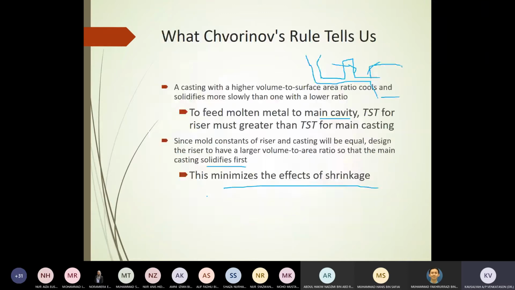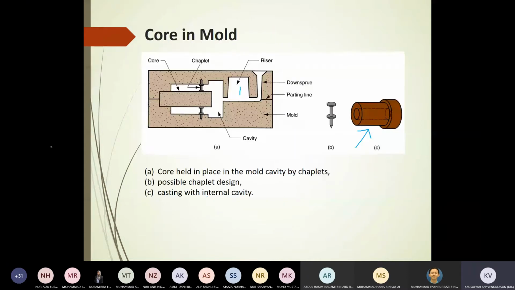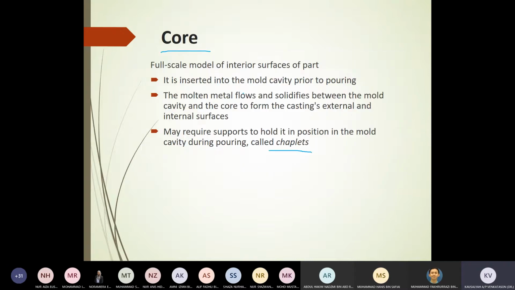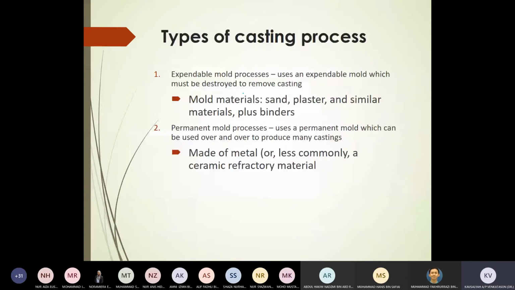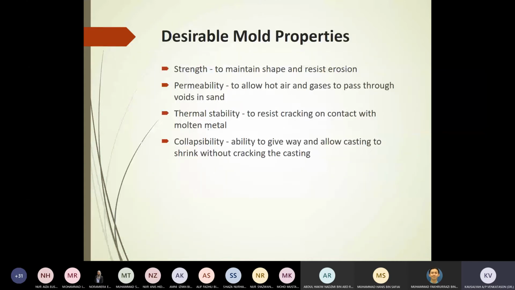This is the sand casting layout schematic diagram. The other diagrams are different, but in all forms there should be a situation where you have permeability, and all these functions and factors taken into consideration: the thermal stability and the collapsibility.